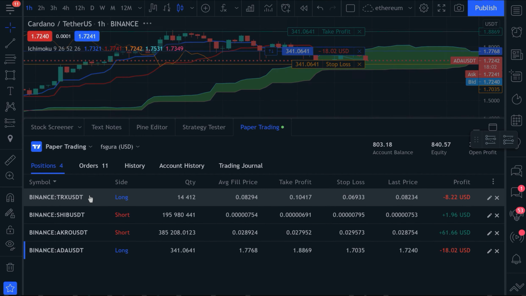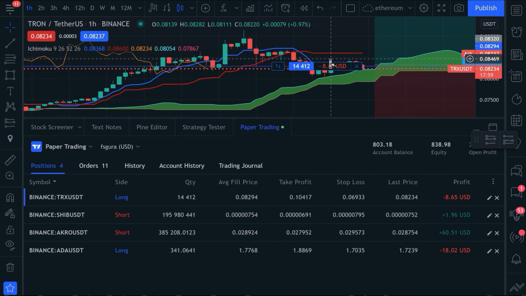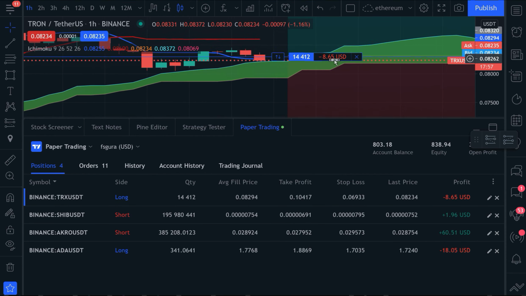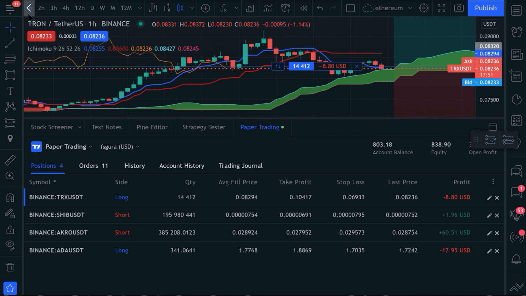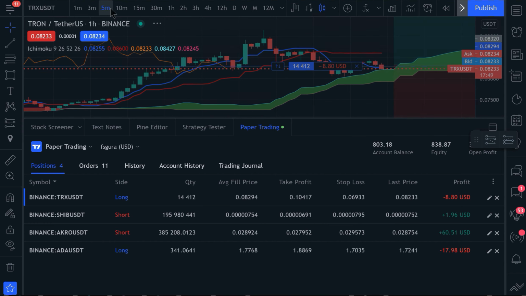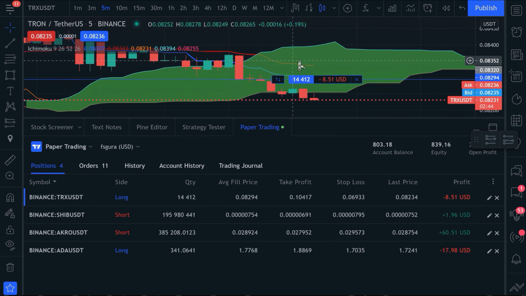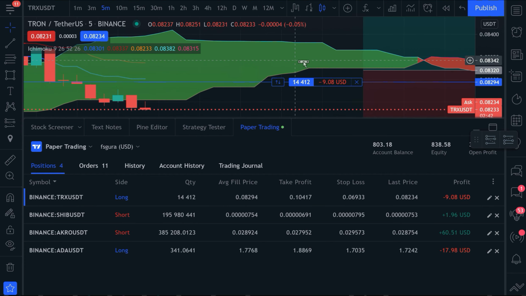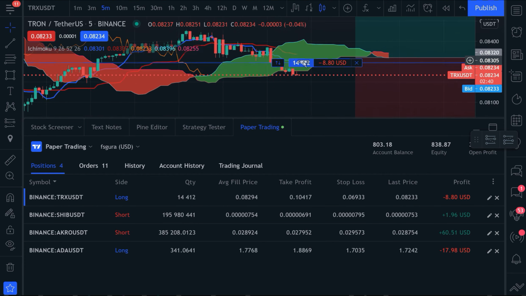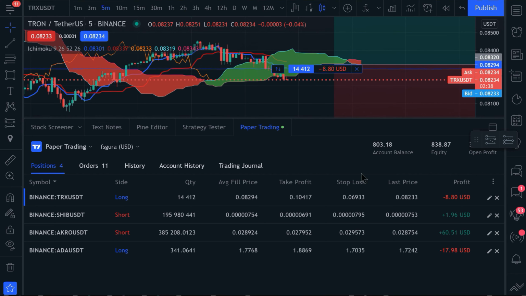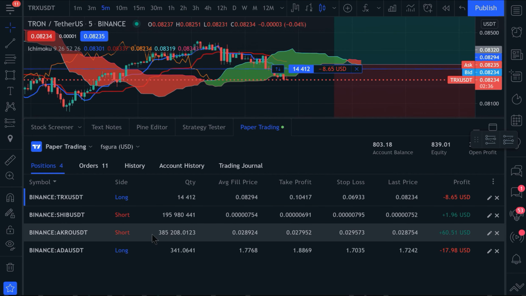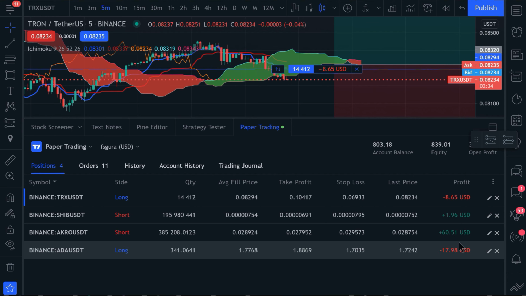And TRX is a long. It's still a long, a part of the lagging span. But we were on 5 minutes, so we have to go on 5 minutes. Yeah, it's starting to be a short. Anyway, it's not bad. The short on Acro is earning good money.